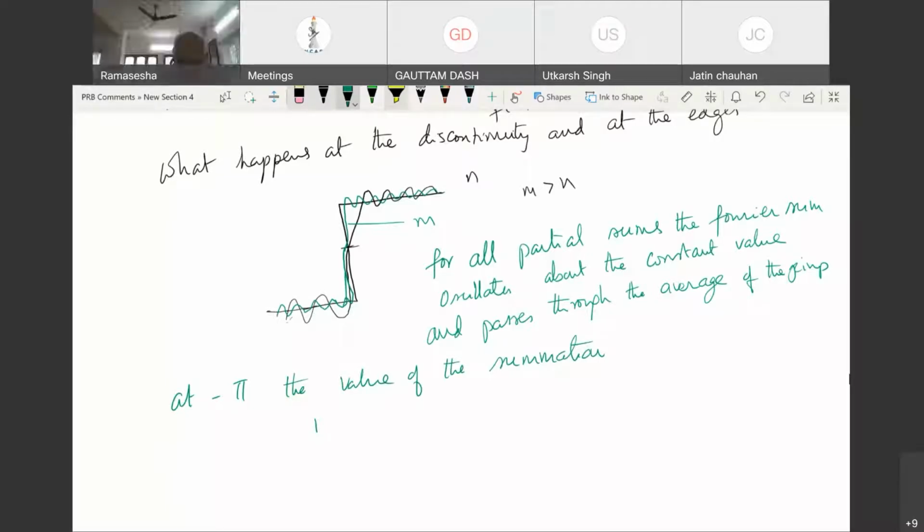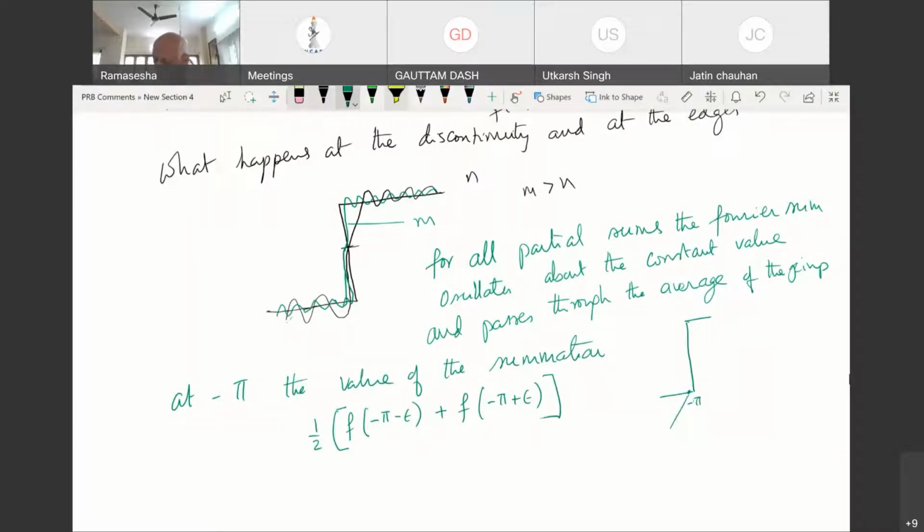So this is minus pi minus epsilon. This is minus pi plus epsilon. So you see that it becomes the average. And so you can actually sum it at different points.